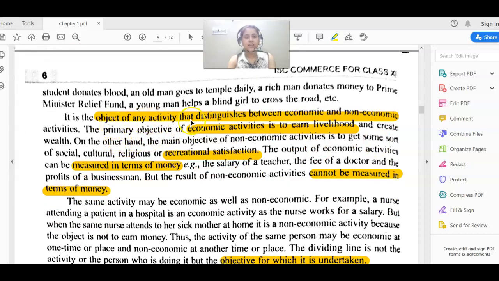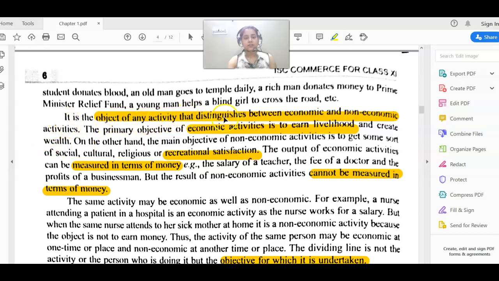The objective of any activity is the test. So, a very important point here: when you get a question to distinguish between economic and non-economic, you first have to start with the objective. The objective of economic activities is to earn money. The primary objective of economic activity is to earn livelihood and create wealth.